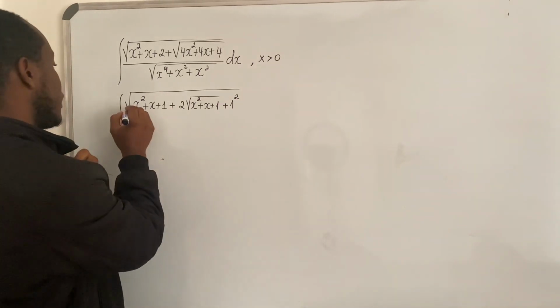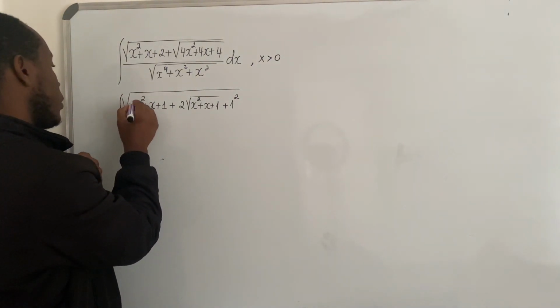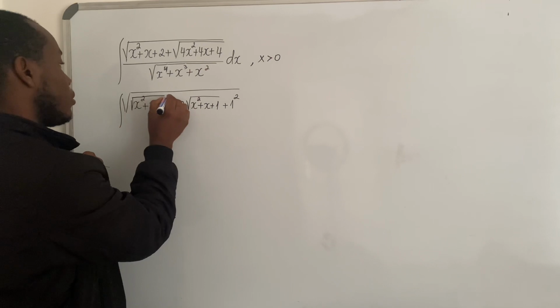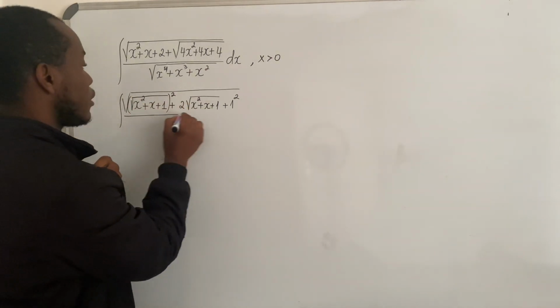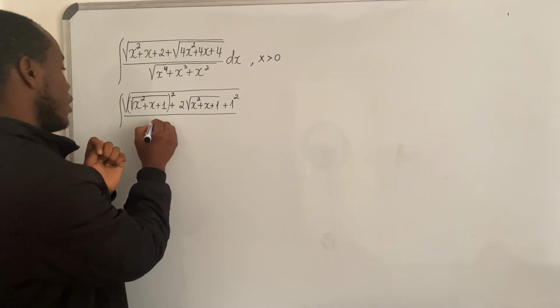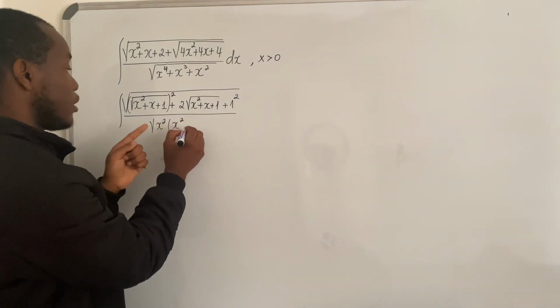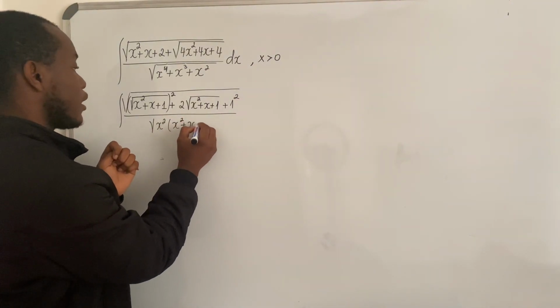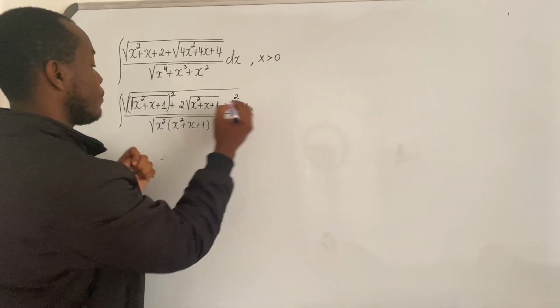So we can say this is the principal square root, and we can say to the power 2. It cancels over. If I factorize x squared here, I'm going to have x squared over x times x squared plus x plus 1. That's what we're going to have here.